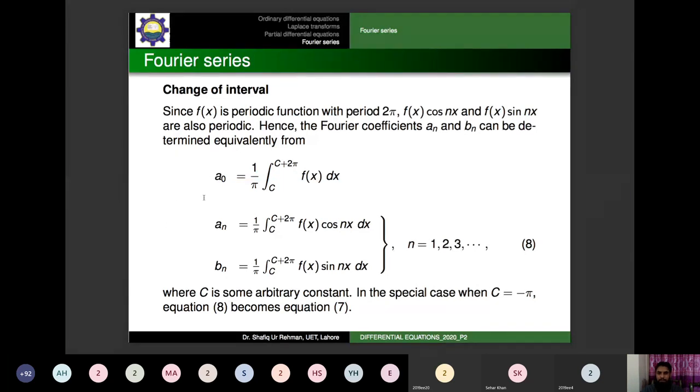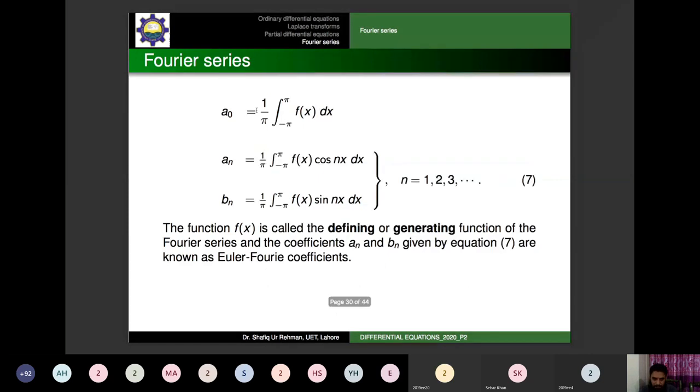So we say that yes, they could also be obtained equivalently from these expressions, where c is an arbitrary constant. In a very special case, for example, if c is equal to minus pi, these are the expressions you will obtain directly, with the interval from minus pi to pi.